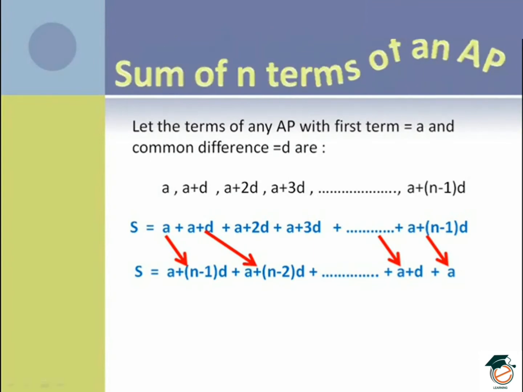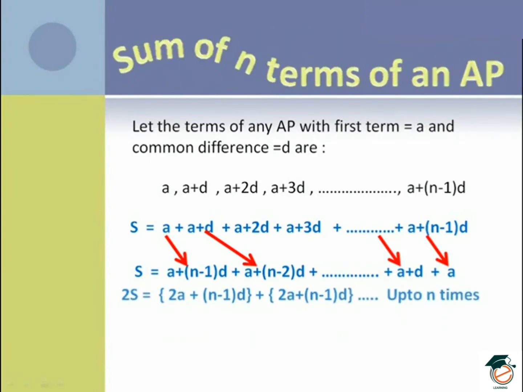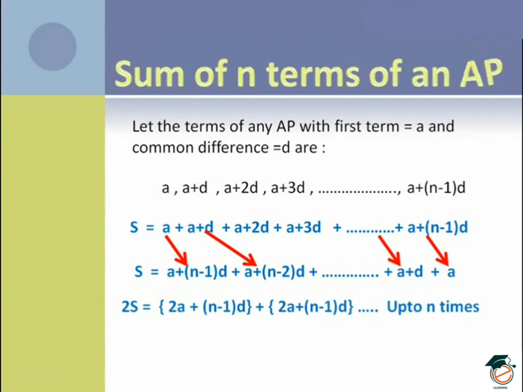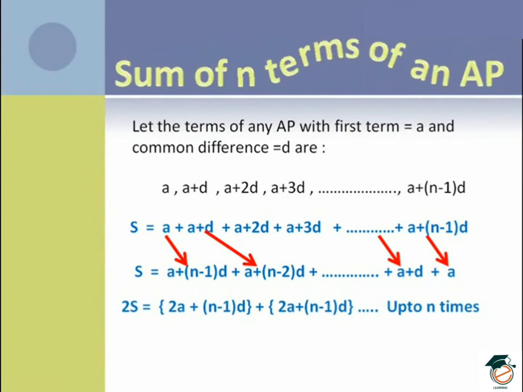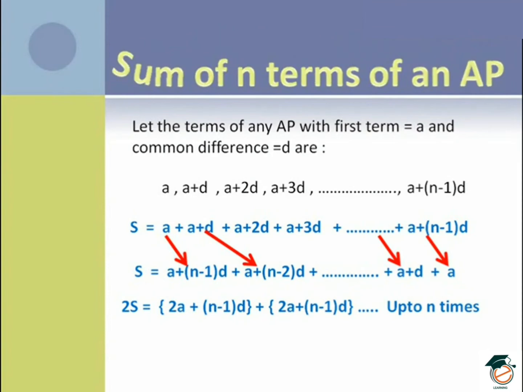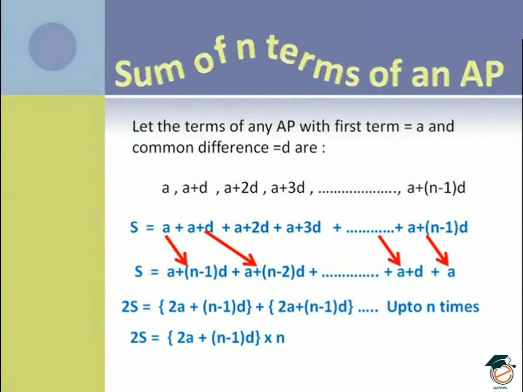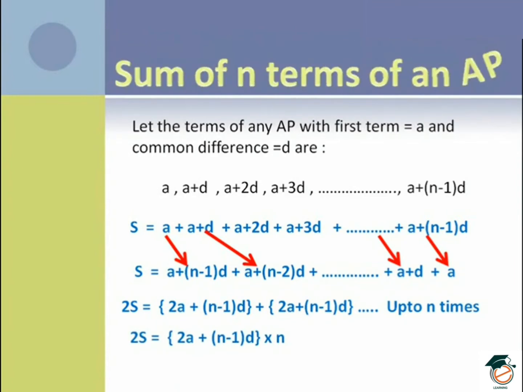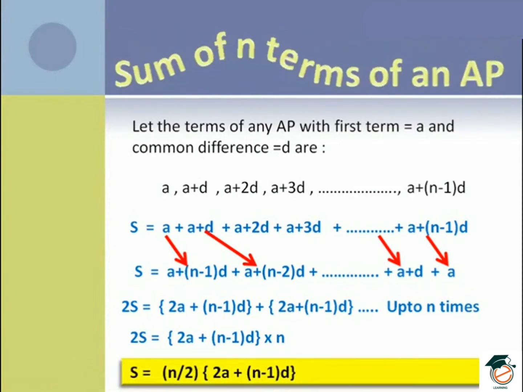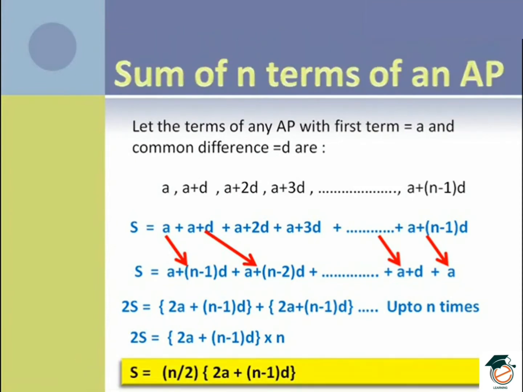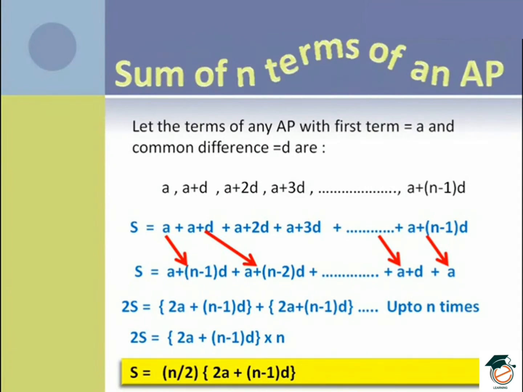What we do is, we add both these equations and get 2S equal to 2a plus n minus 1 into d plus 2a plus n minus 1 into d and so on up to n times because there are n such pairs. Thus we can further write this as 2S equal to 2a plus n minus 1 into d into n, and this further becomes S equal to n by 2 into 2a plus n minus 1 into d.